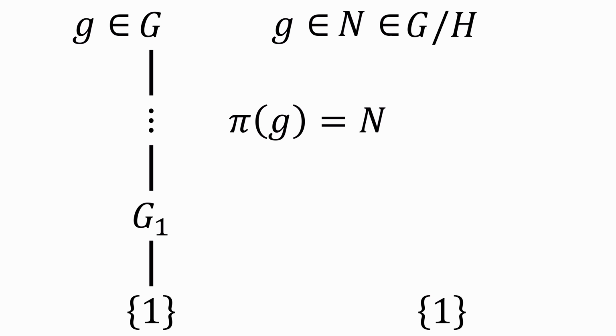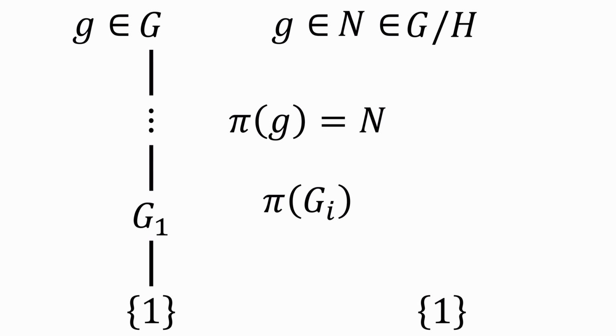These cosets are then the elements of G over H. For each element g in G, there is one coset N in G over H with g in N. We define the natural projection pi from G to G over H to map each element g to the corresponding coset N. If we apply this projection to every element of a group, G_i, we get a new group.